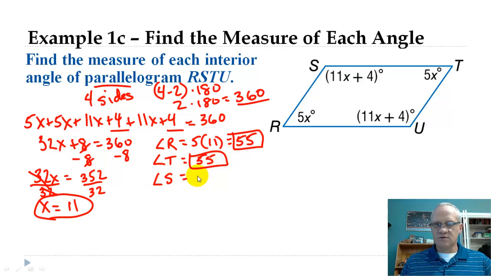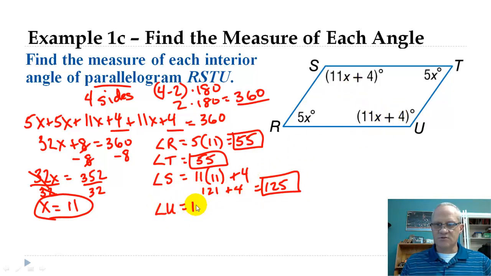Angle S is 11 times 11 plus 4. That's 121 plus 4, which is 125. And then angle U is actually the same thing as S, and so we can say that's also 125.